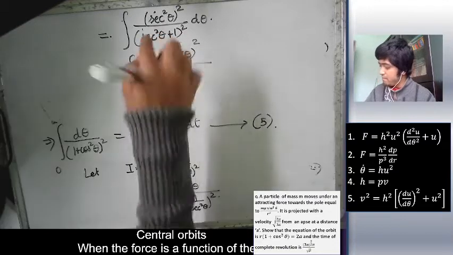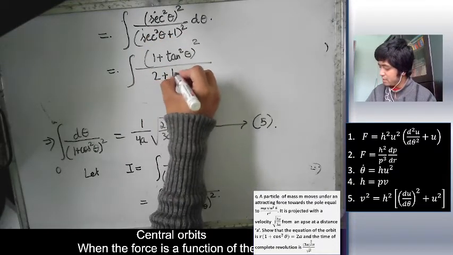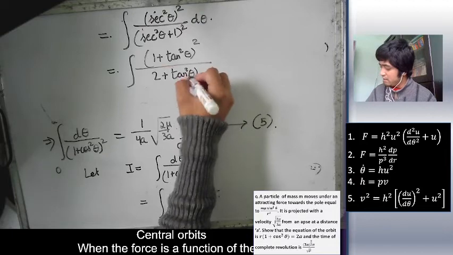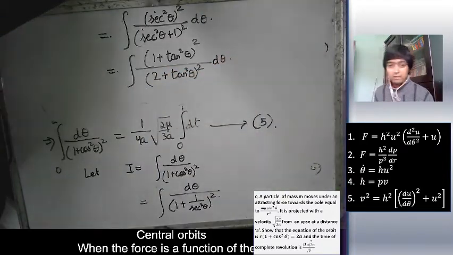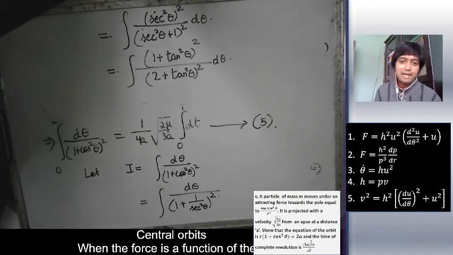And if you do the same over here, you will be having 2 plus tan square theta whole thing square d theta. Once you are done with this, now we actually have to perform some substitutions.